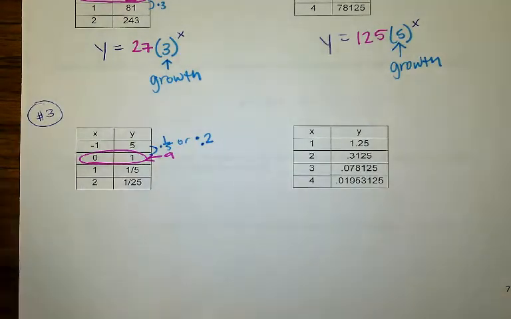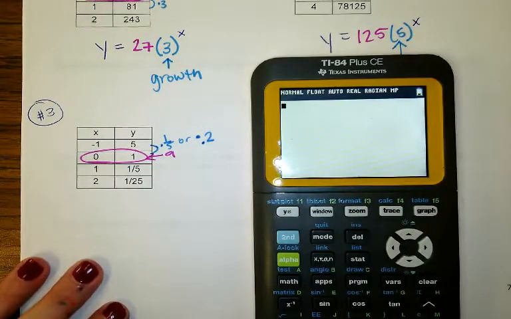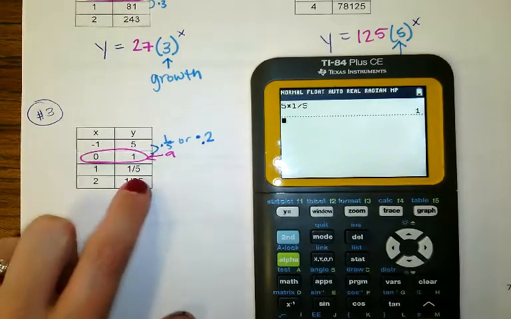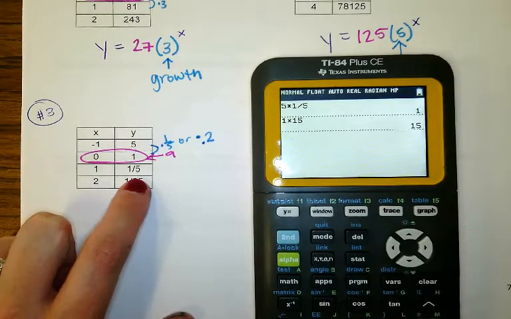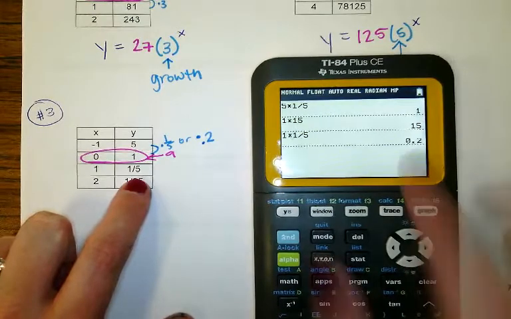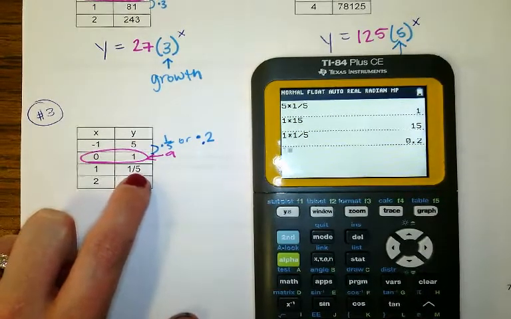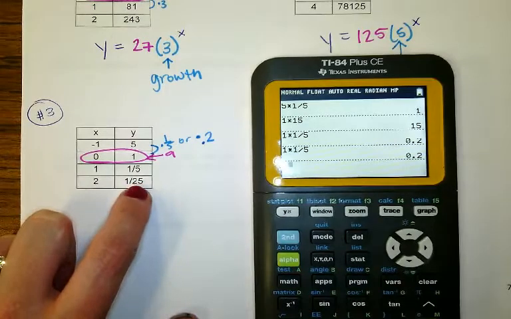Now, just to make sure we're on the right track here, I'm going to do 5 times 1/5. Yep. 1 times 1/5. Oh, that's not right. 1 times 1/5. There we go. Ooh, that's 0.2. 1 times 1/5. And then 1/5 times 1/5 gives me 0.04.